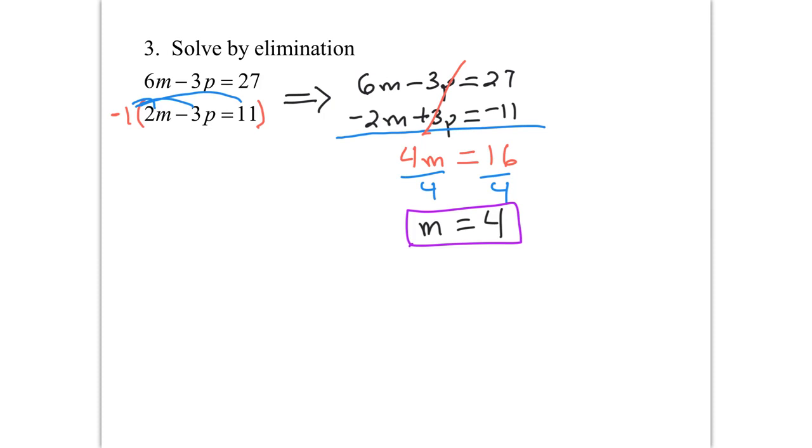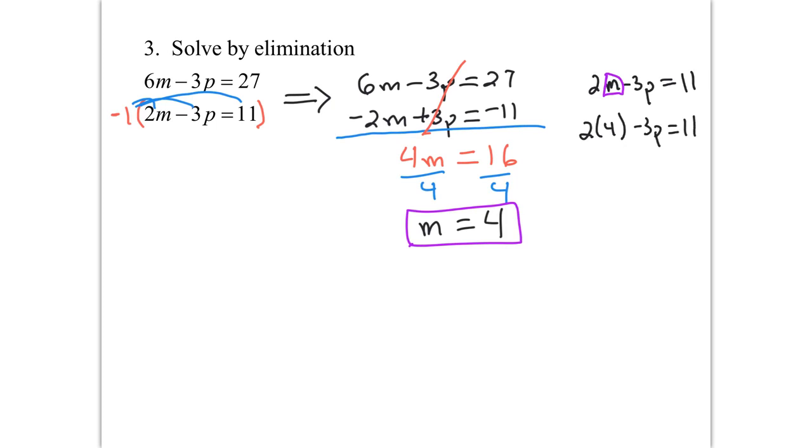Now, my original system is right here. Ignore the negative 1. We have this top equation and this bottom. You choose one equation, the top or the bottom, doesn't matter which one, and you will find the next variable. I'm going to choose the bottom: 2m minus 3p equals 11. I'm going to substitute 4 into the m and solve for p. So 2 times 4 minus 3p.